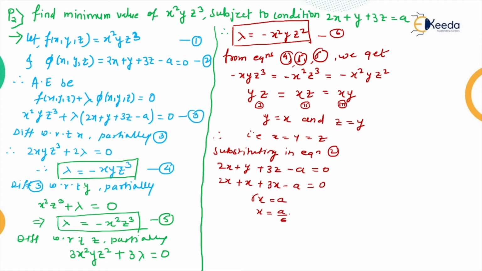X is equal to a divided by 6, and similarly this is the value of y and this is the value of z.